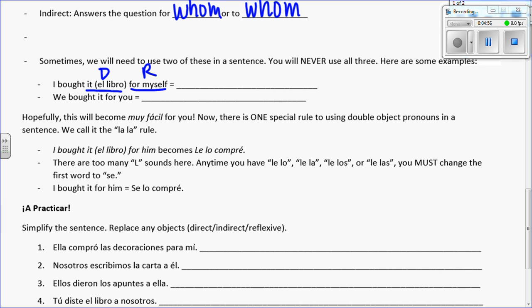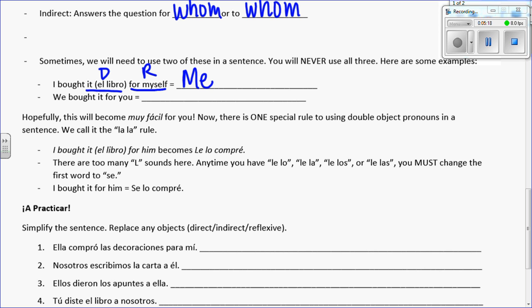If you notice at the top of the paper, in parentheses, I put RID. RID stands for reflexive, indirect, and direct. So that's the order they go in when you put them in a sentence. So R comes first, and I'm going to replace myself with me. And what am I going to put for the book, el libro?